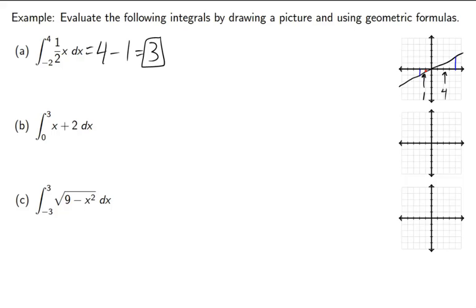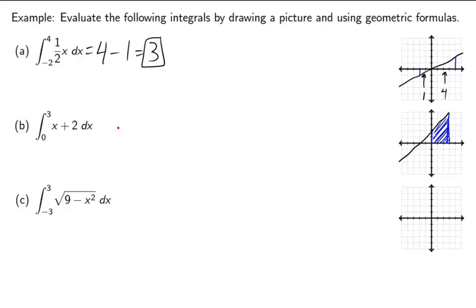Next one. X plus 2 from 0 to 3. So if I were to draw this, it's got slope 1 and passes through 2. Now this is above the x-axis the whole time. So I'm just calculating this area in its own right. And it's a trapezoid.